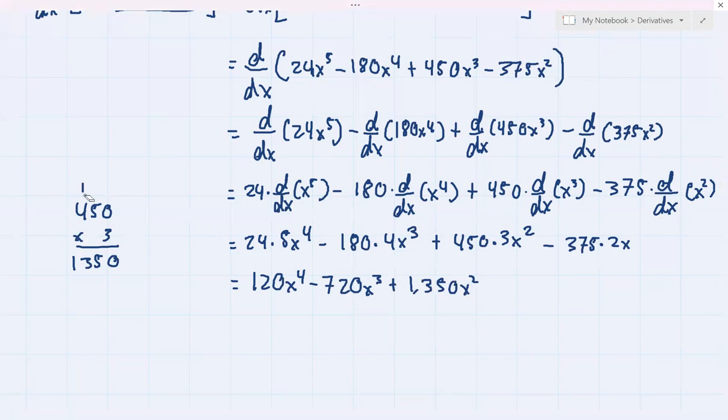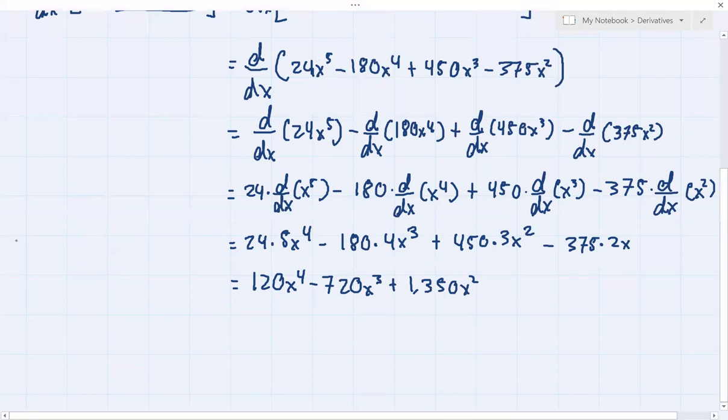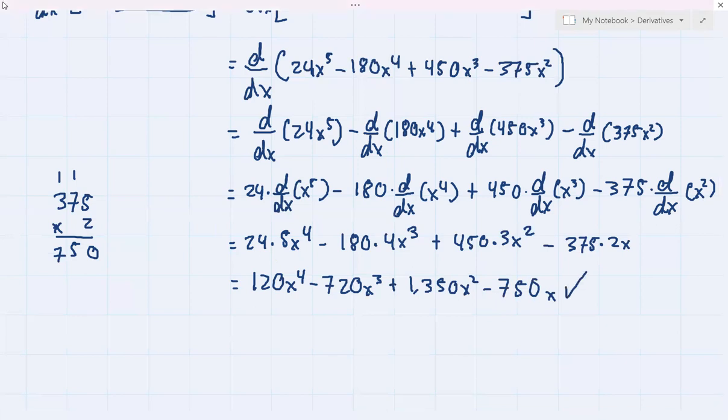And last but not the least, 375 times 2. So we have 2 times 5, 10. 2 times 7, 14, plus 1, 15. 2 times 3, 6, plus 1, 7. Okay, so we have minus 750x. All right, so this is now your final answer.